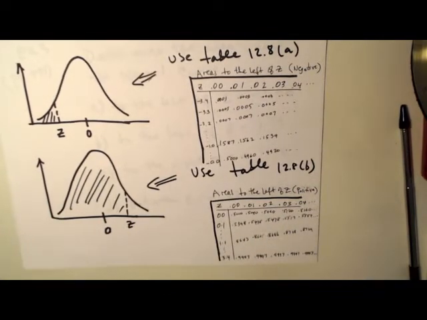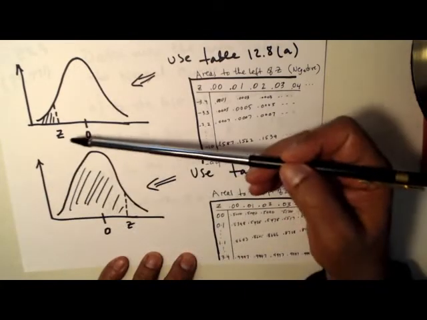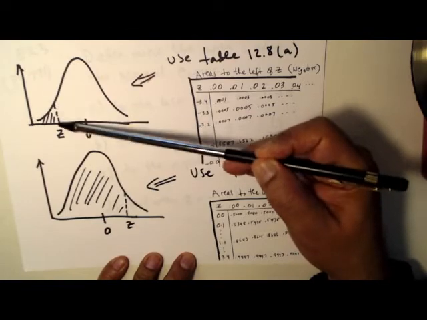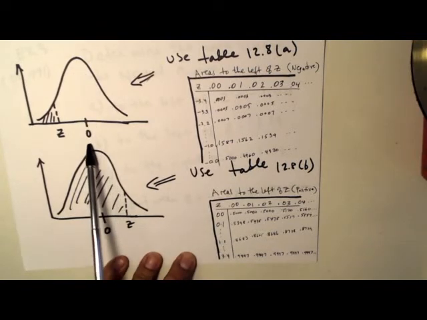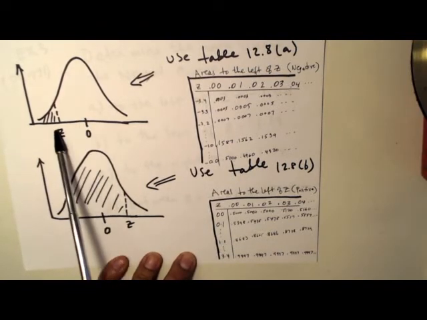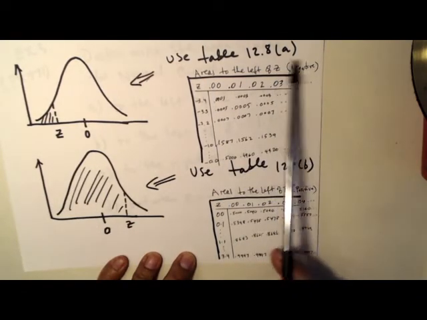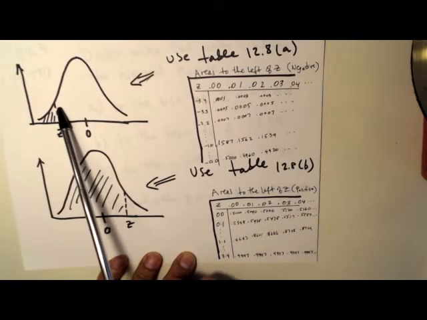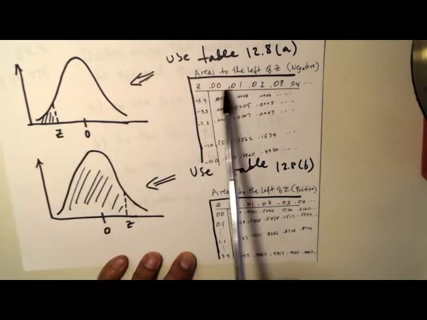This requires us to read the tables, and basically what we have here is the following. The Z-score that is calculated, if you look here, this is the 0 right here, and anything to the left will be negative. So here we have areas to the left of Z are negative values. So when we get negative values, what we're looking at is the value of the curve that is to the left of the Z-score. This is the value that we're calculating here.